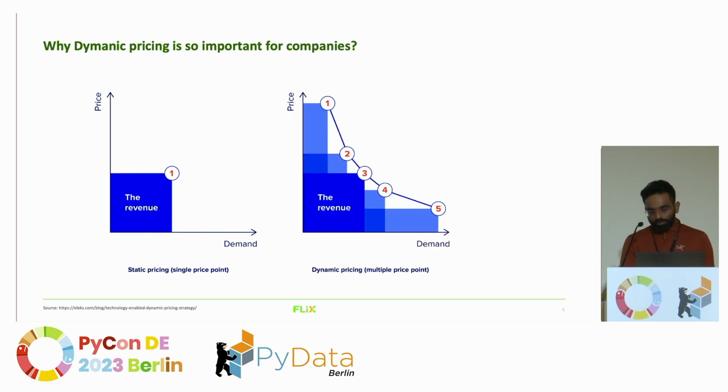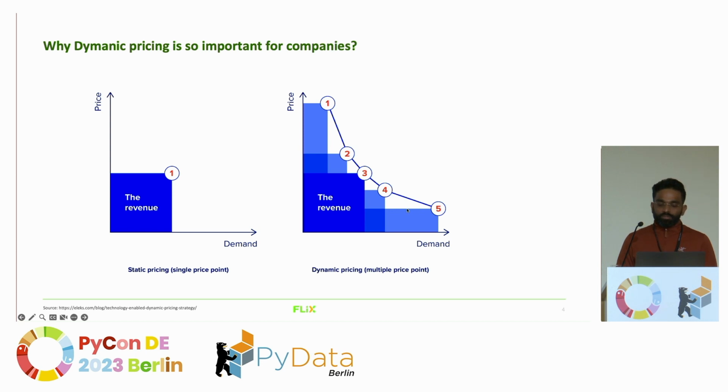So then there is the approach where you can have multiple price points, and you can see this plot. Usually the plot looks like this, where the price and the demand follow this curve. And there you have multiple price points. In this way, if you have some people who are not able to afford that price, they may buy your product earlier, or depending on the situation, when the prices are cheaper.